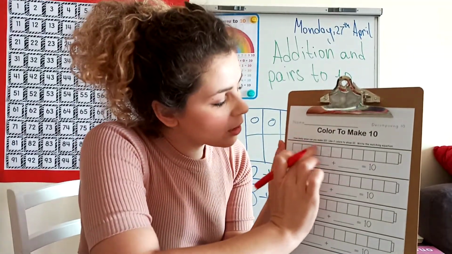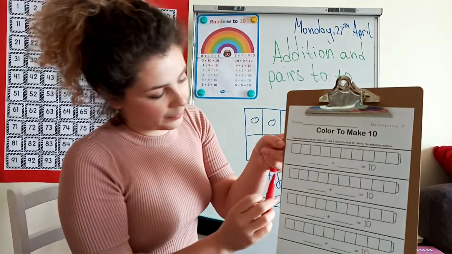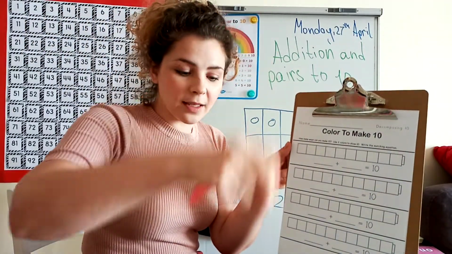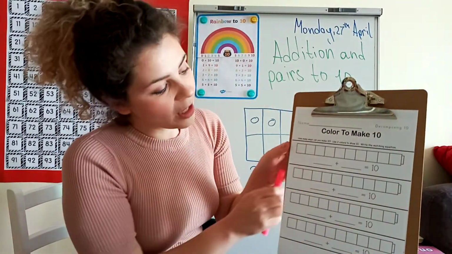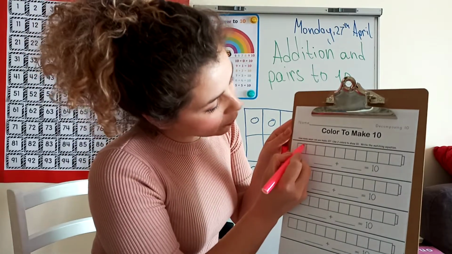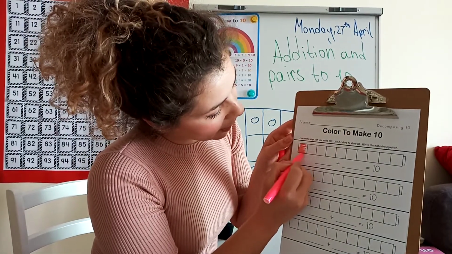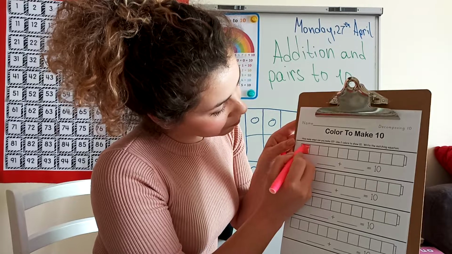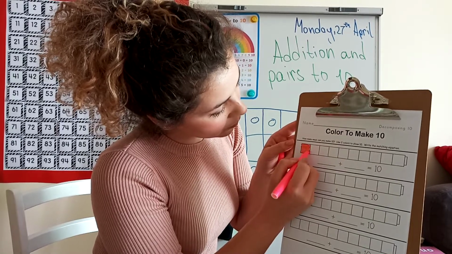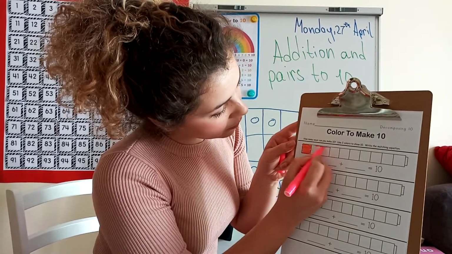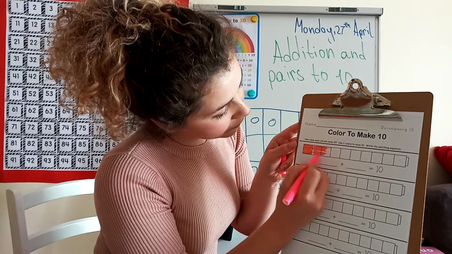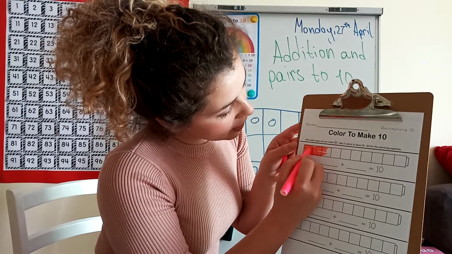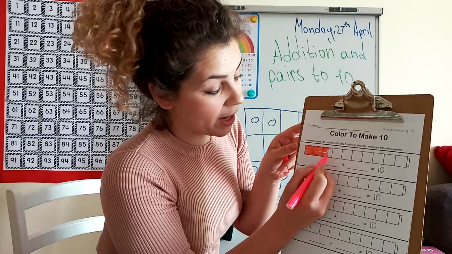Now, you choose 2 colors. Let me see. I'm going to use red and this fluorescent pink. So I'm going to color a few of them pink. So let's say this many. What is important is that you don't color halfway, okay?